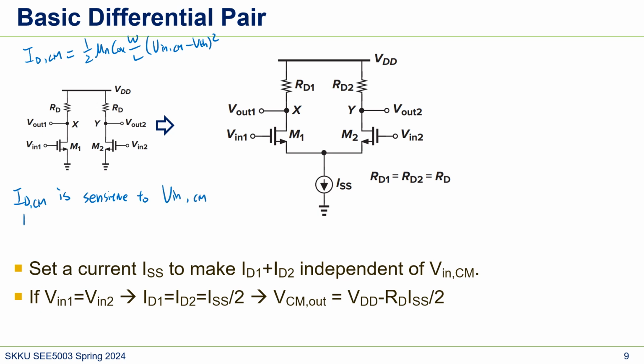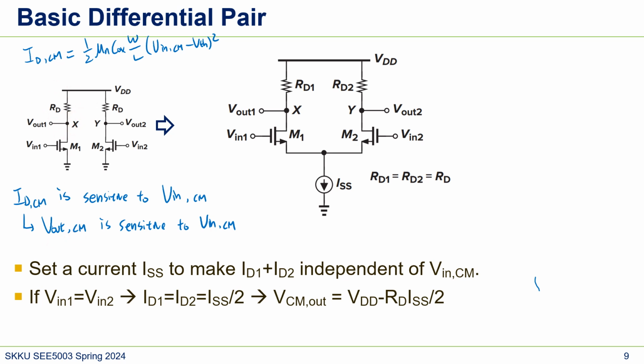So first, V out Cm is sensitive to V in Cm, right? Because if the current changes, because of the common mode, V out also changes.